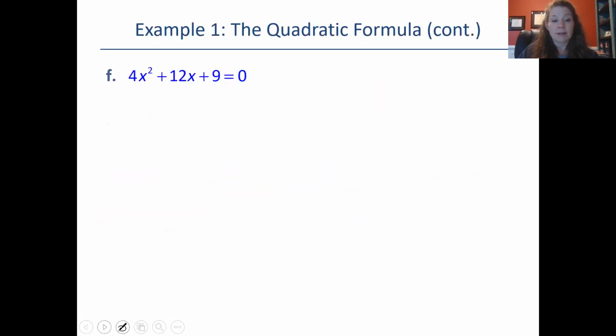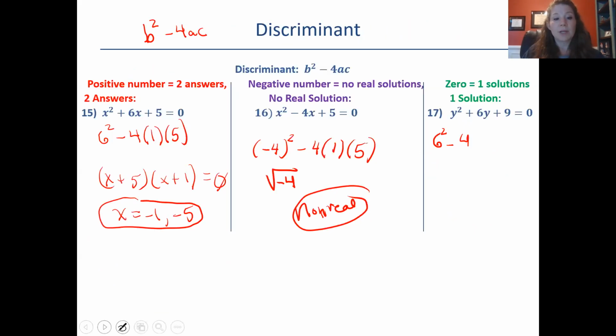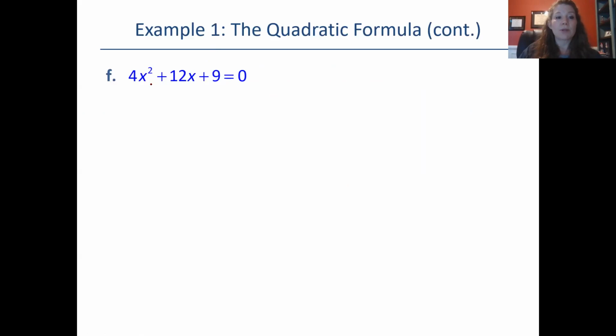Okay, here we go. All right, so now we're on letter F, I think. Did I skip anything? Nope. All right, so let's see what we're going to get this time. So our A is 4, and on Hawks it asks you, I think, every problem to identify A, B, and C. And then it will ask you, after using the discriminant, how many solutions will you have?